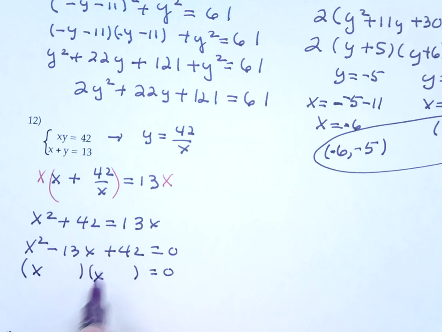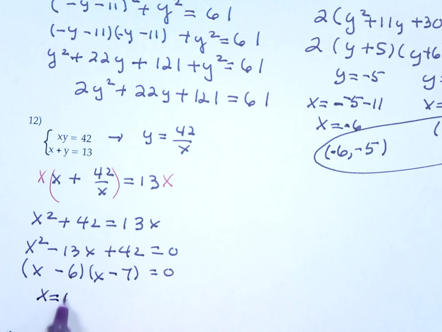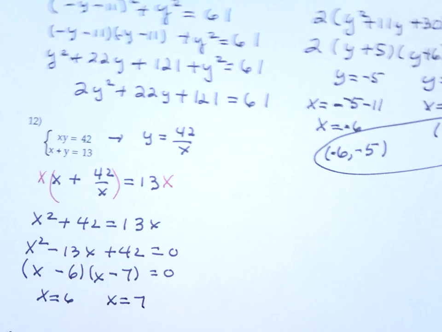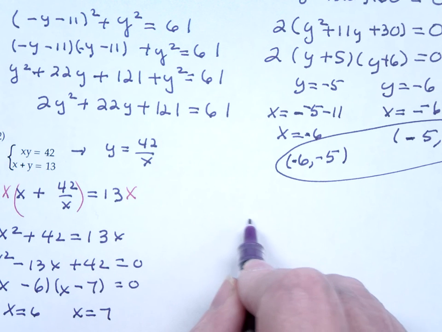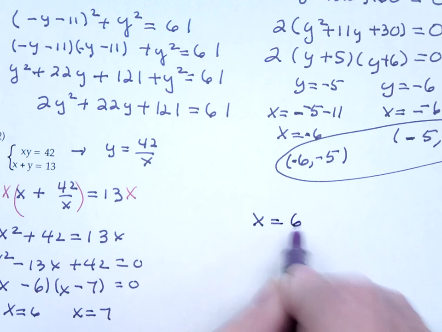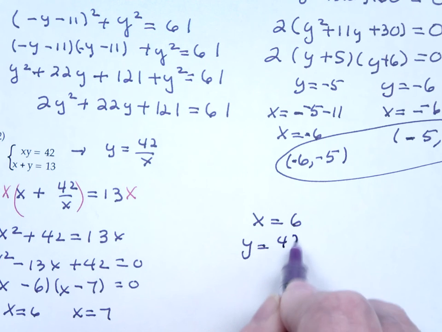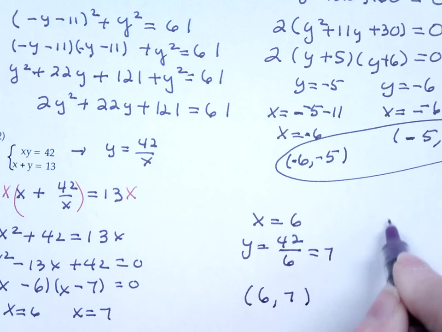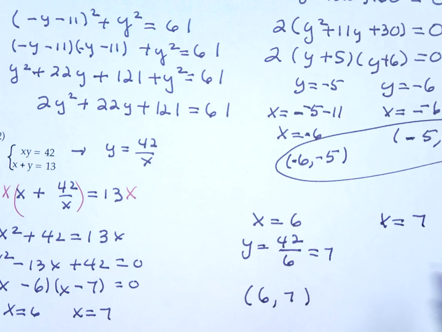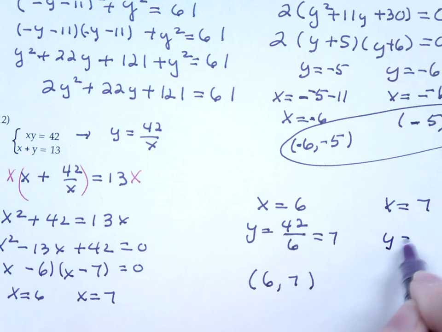X, 6, 7, minus, x is 6, x is 7. So I have the x values. If x equals 6, y equals 42 divided by x, which is 7, so it's 6, 7. And if x equals 7, then y equals 42 over 7, which is 6, so it's 7, 6.